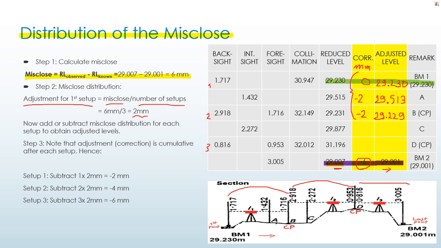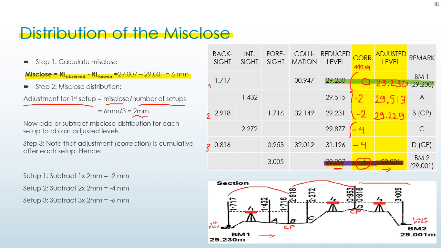Setup number 2. We keep the same correction as the first setup and you add another 2 mil to that. So we then have to subtract 2 and 2, subtract 4 mil for the second setup. For every next setup, you add the same adjustment as the first setup.